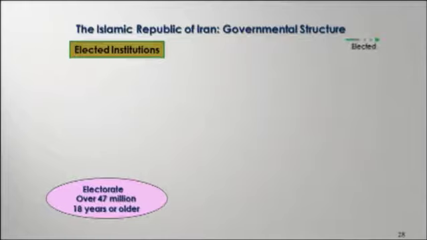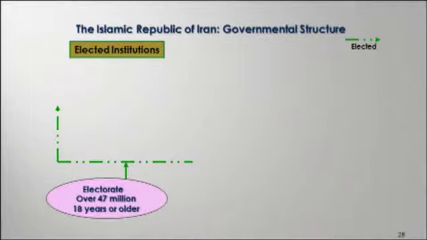Then the dotted line that I have used here is to underscore the fact that none of the elections in the Islamic Republic are truly open and free elections. What that means is that essentially these elections are vetted and limited to approved candidates.